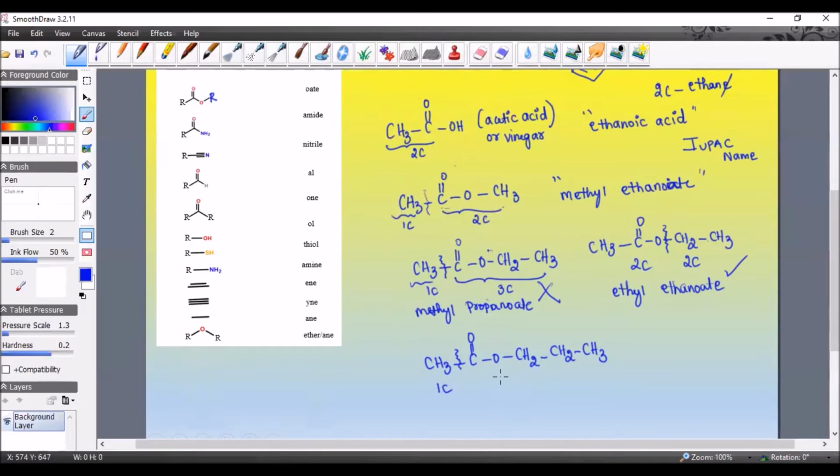On this side, we have 4 carbons total, so that would be butane. So this is M, this is B. There's no problem in this case. So M would retain its actual name, methyl, and this is 1, 2, 3, 4 carbons. So that's butane. We just replace the E by OATE. So methyl butanoate.